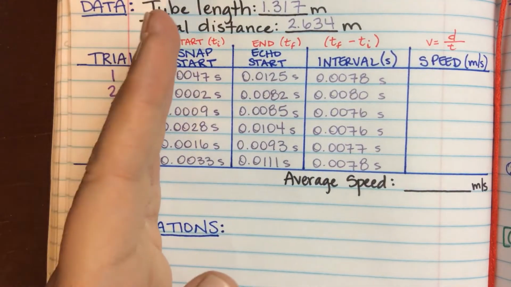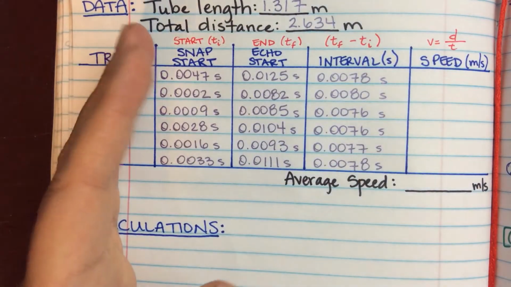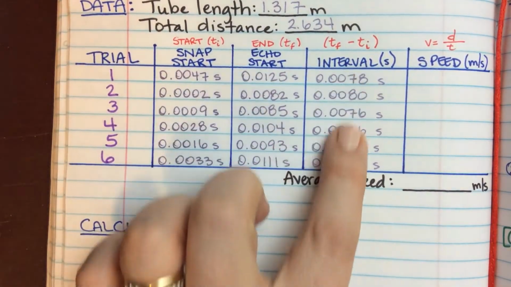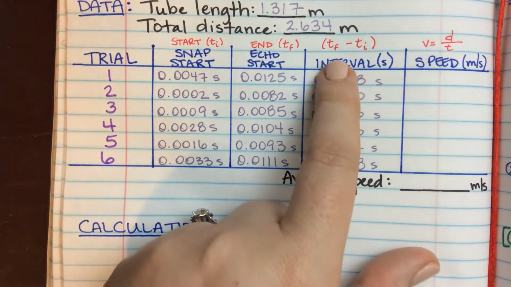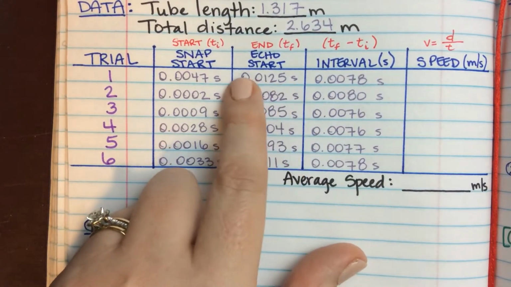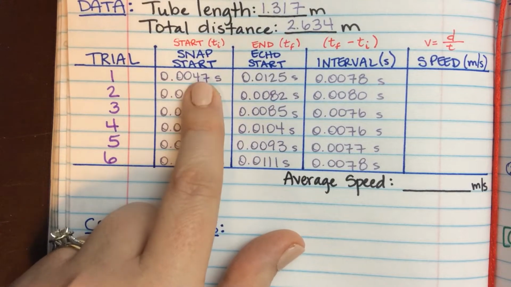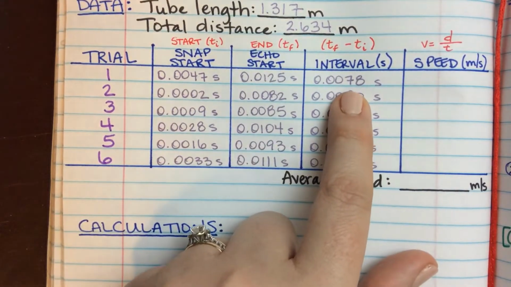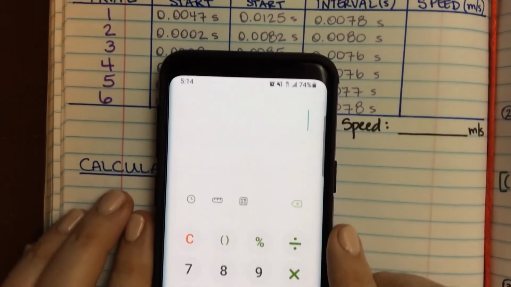So how long did it take the snap to go down the tube and come back? I want to know how long it was in between those two. So for my interval, I always do final minus initial. So you're going to take your echo start time minus your snap start time, and that's going to give you your interval. And I will just show you that right here.